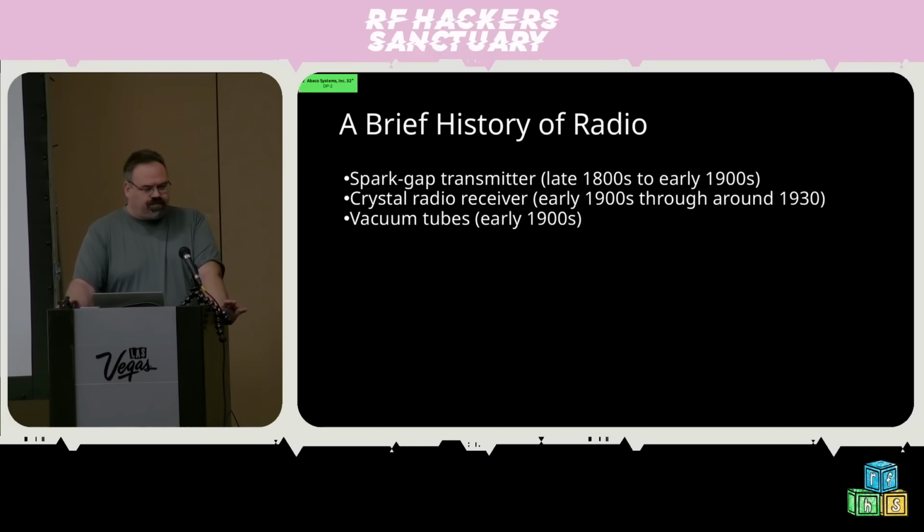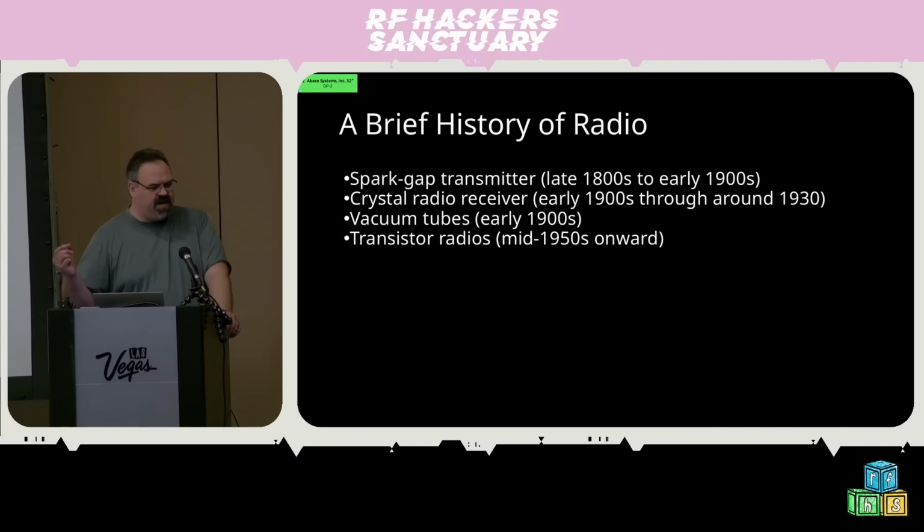Vacuum tubes. We had basically diode type tubes that produce the rectification, and triodes, which are used to provide the amplification. And then, of course, transistor radios, where we had little solid state devices to produce the amplification as well as do the rectification of the signal.